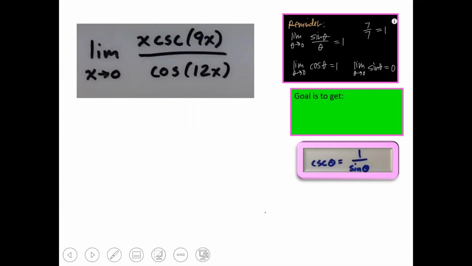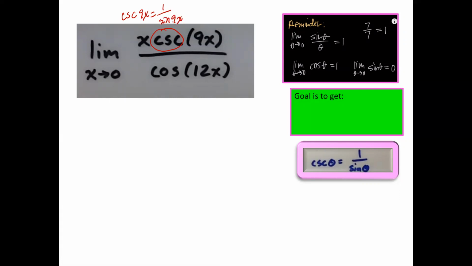All right, so looking at this, we probably know at this point, if I were to plug in, it results in an undefined. So my strategy and my goal is to figure out what I can do with this cosecant, which is new. Another way of writing cosecant 9x is 1 over sine 9x.